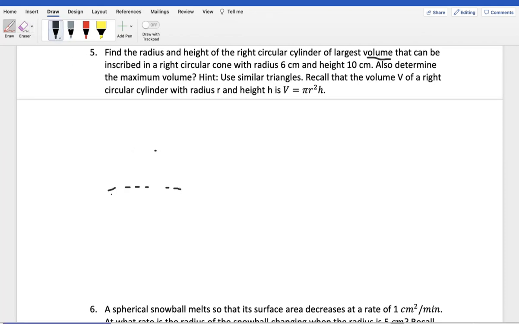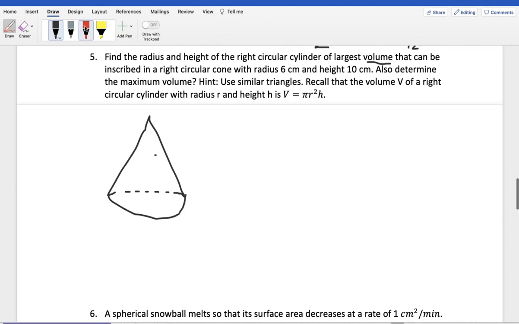So if we have our cone looking like this, and we have the inside cylinder looking something like this.